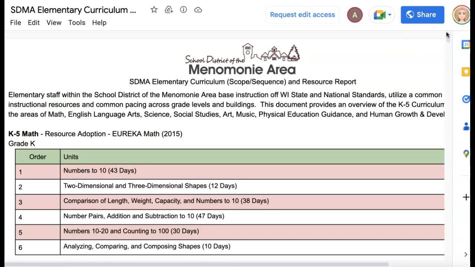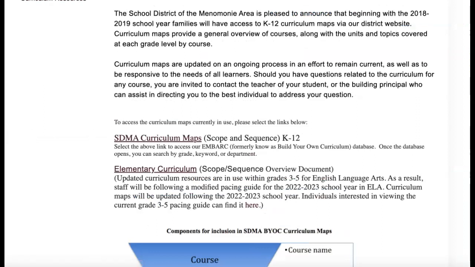This is, I think, a really fantastic tool for all of you to be looking at, so you can see what a typical school district might provide for you in terms of telling you what you're going to be teaching and when you're going to be teaching it and how long you're going to be teaching it. But then you will be deciding how you're going to teach it.